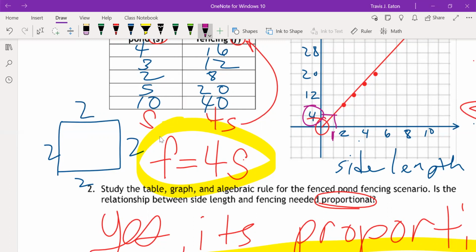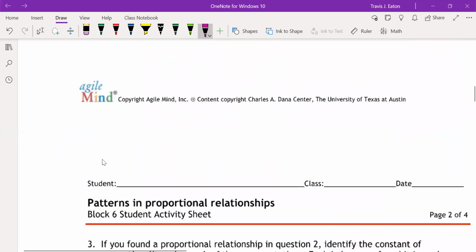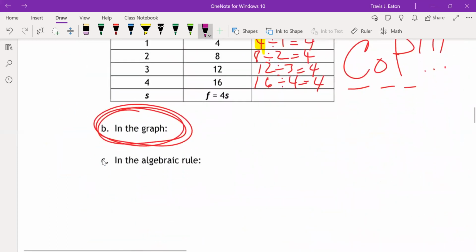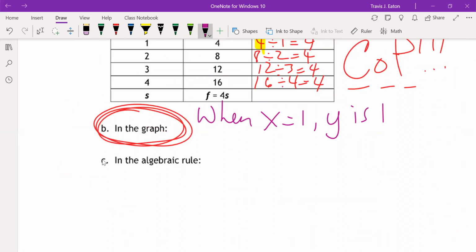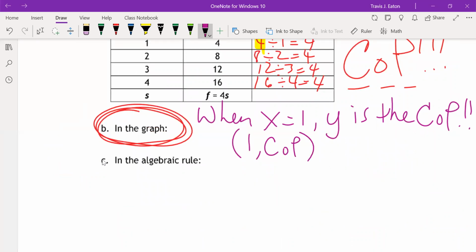I'm going to say that again. When x is 1, y is the constant of proportionality on a graph. So when x equals 1, y is the COP, as in 1 comma COP, an ordered pair on the graph.